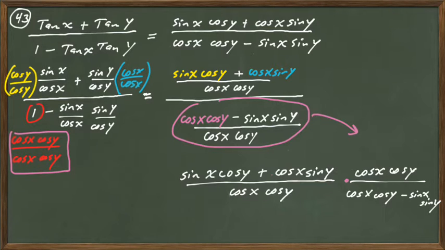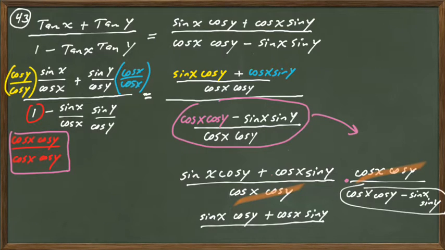So now I think we could cross cancel, not cross multiply. Now top times top would give me what? Sine x cosine y plus cosine x sine of y, all divided by this, right?